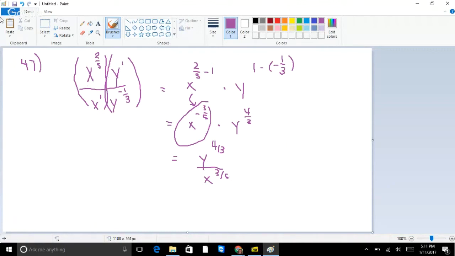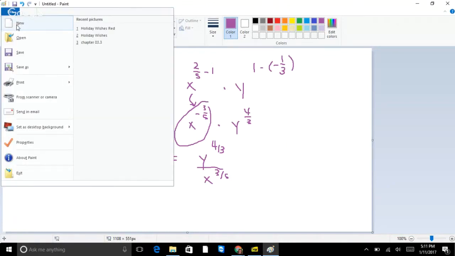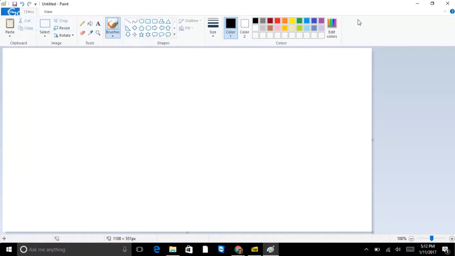Right, and one last one I wanted to do from your homework, just to give you one other example, is number 57. Okay, number 57. We have the cube root of x cubed divided by y to the 4th.